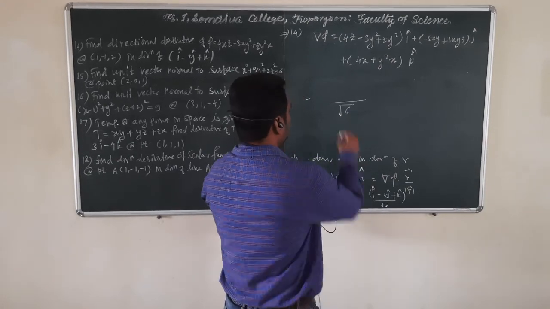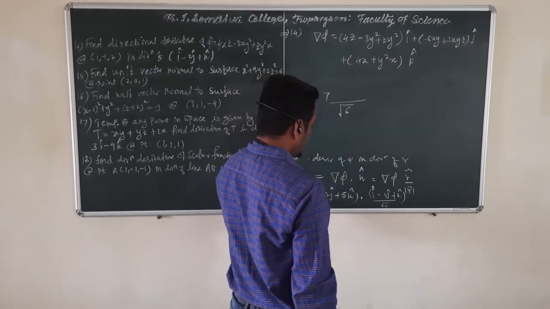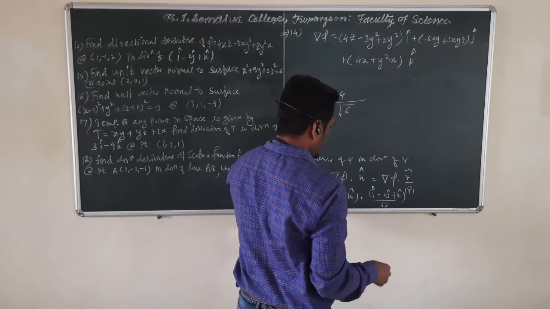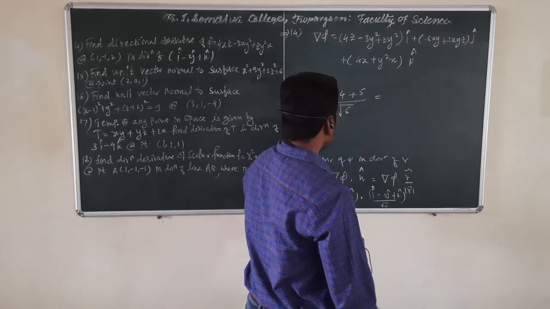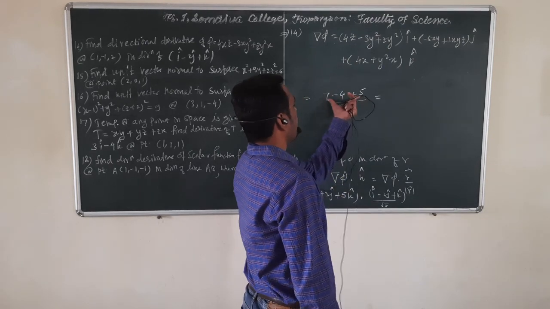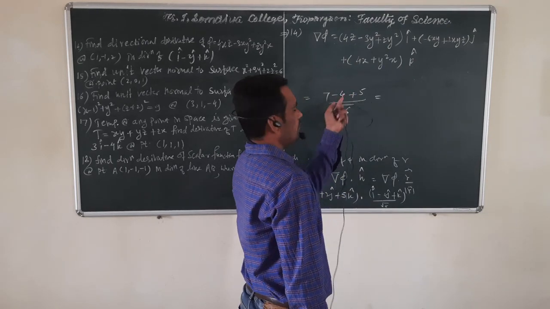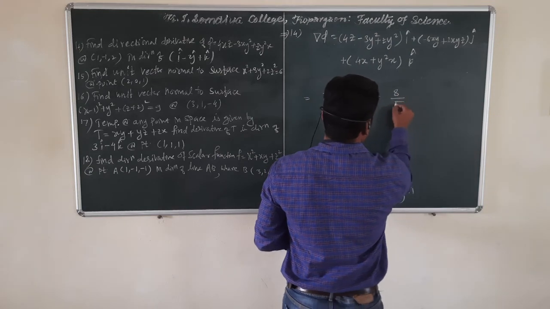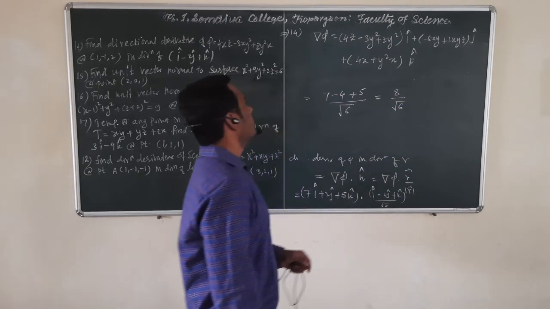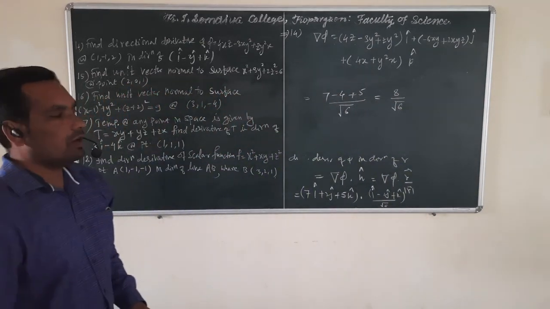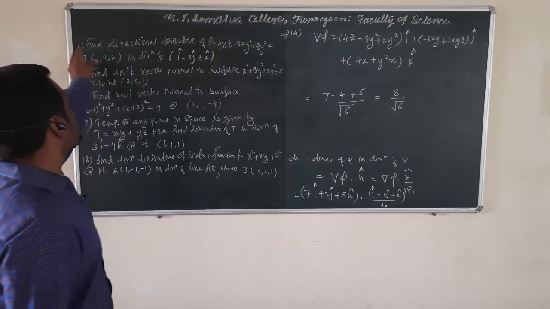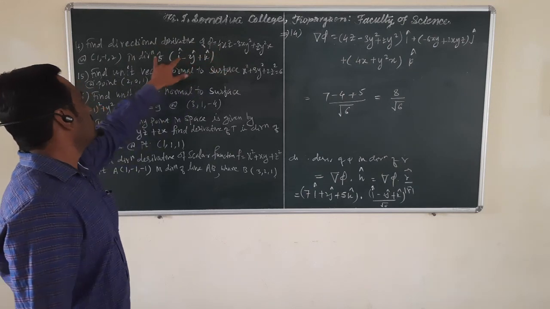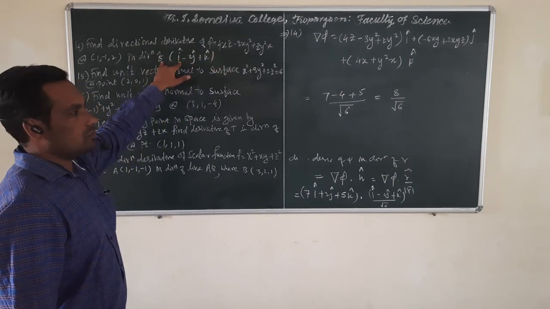In the numerator, 7 minus 4 plus 5, so 12 minus 4, which is 8, divided by root 6. So 8 by root 6 is the directional derivative of this function in this direction.